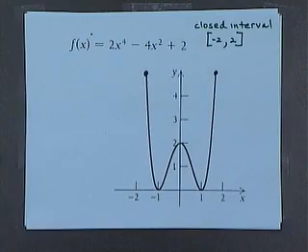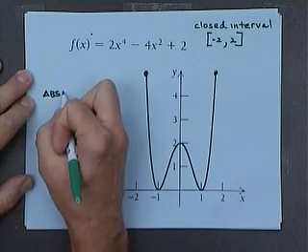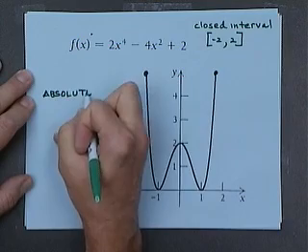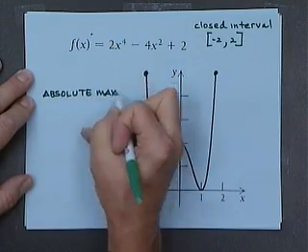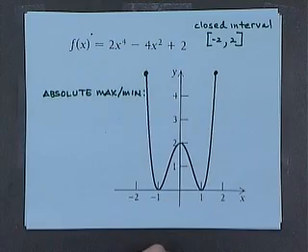So what are the candidates? I think we're about to start this. What are the candidates for absolute max and absolute min? Well, the endpoints, right.